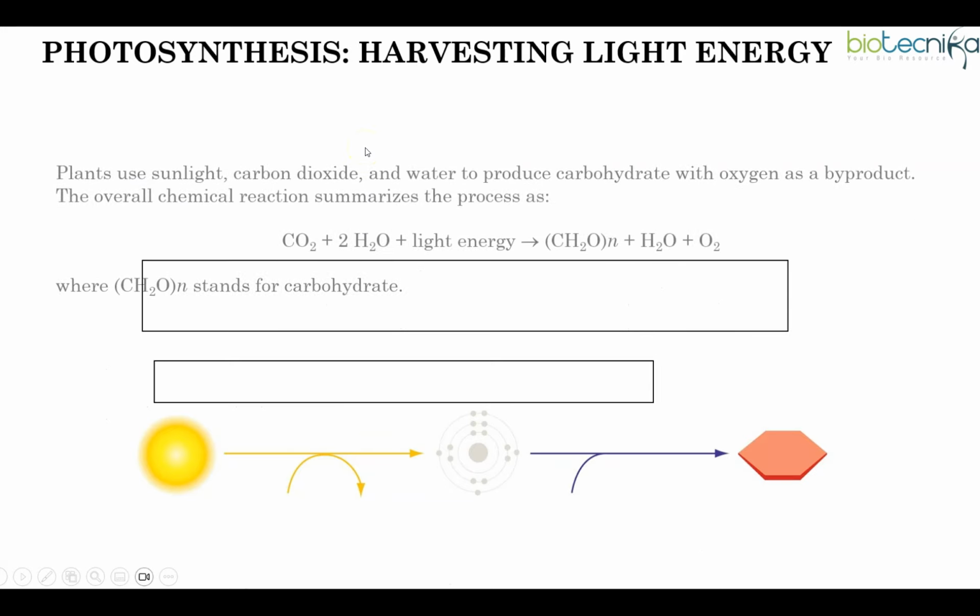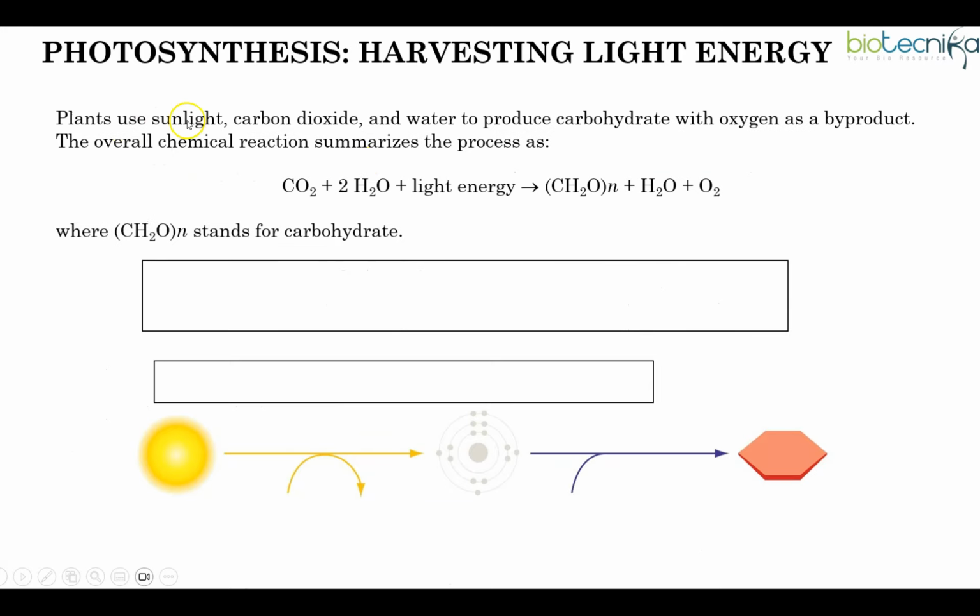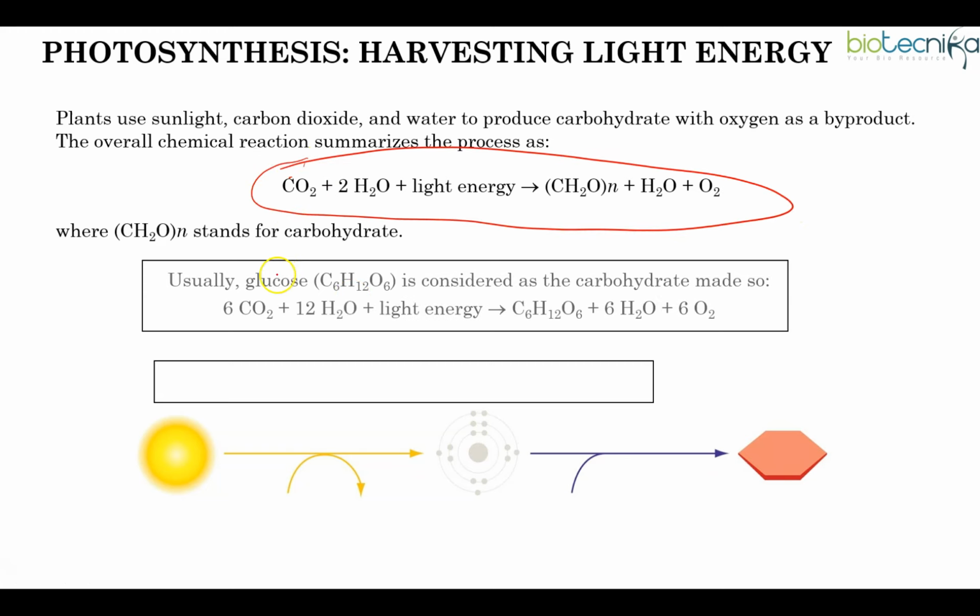In photosynthesis, harnessing light energy, plants use sunlight, carbon dioxide and water to produce carbohydrate with oxygen as a byproduct. This overall chemical reaction summarizes the entire process. Usually glucose is considered as the carbohydrate made, so that's why this will be the entire balanced reaction.